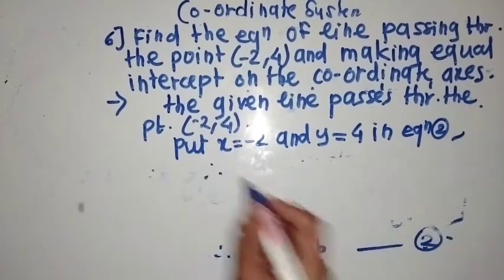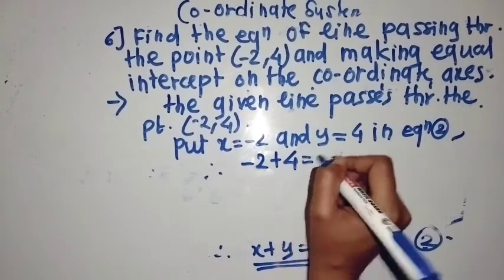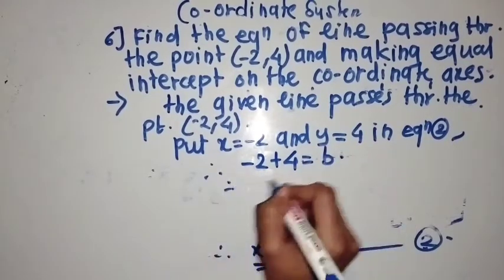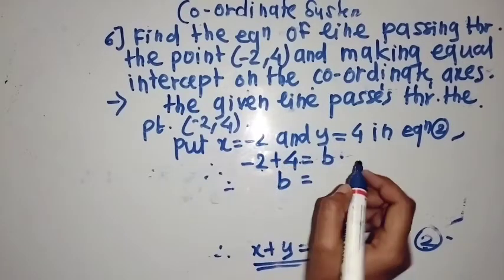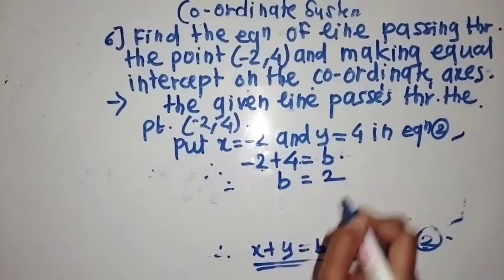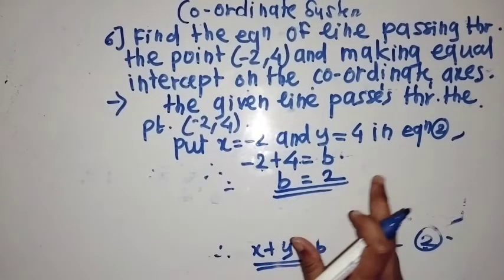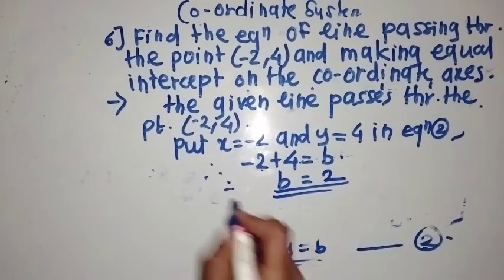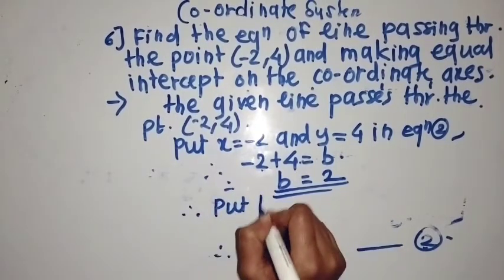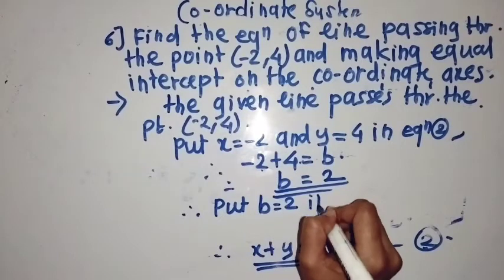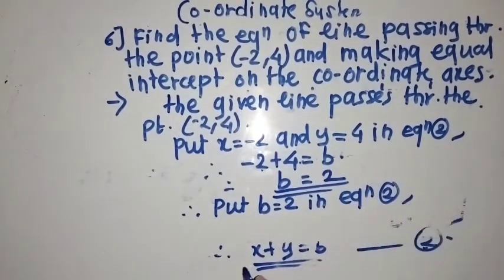Hence we get minus 2 plus 4 is equal to a, so a is equal to 2. Put a is equal to 2 in equation 2.